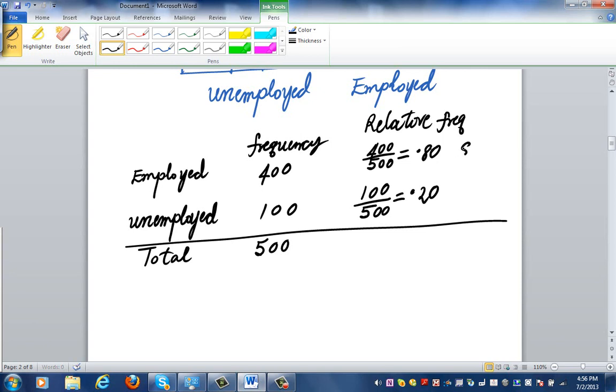So this is 80% and this is 20%. So the percent relative frequencies are 80% and 20%.